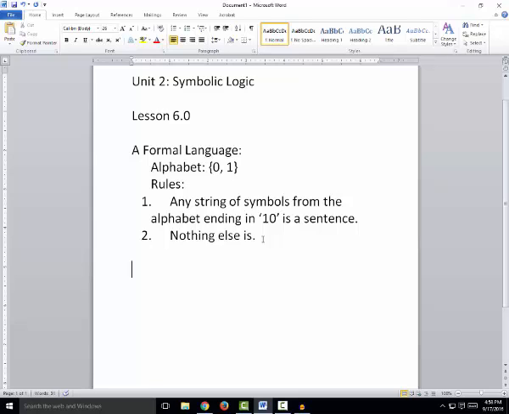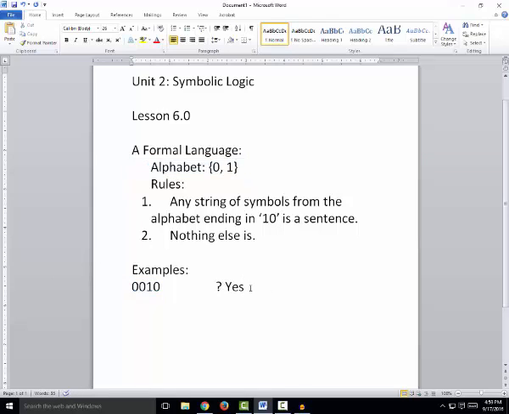So let's look at some examples now and decide if you think that these are sentences. If I have the string of symbols 0 0 1 0, is that a sentence of the language? The answer is yes. It's a string of symbols from the alphabet and it ends in 1 0.